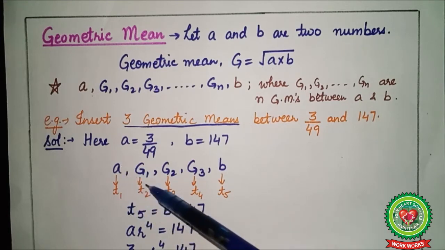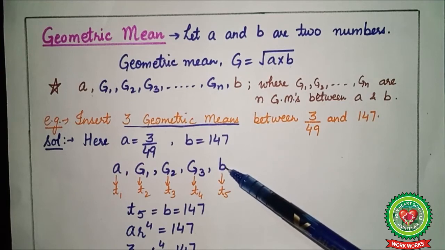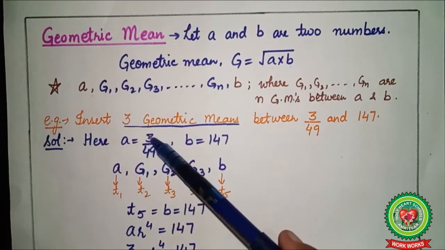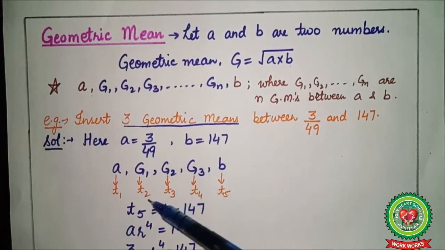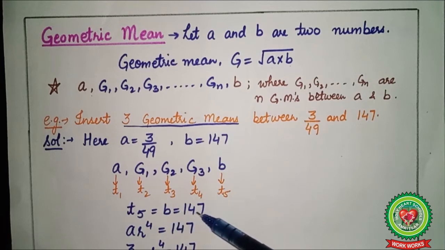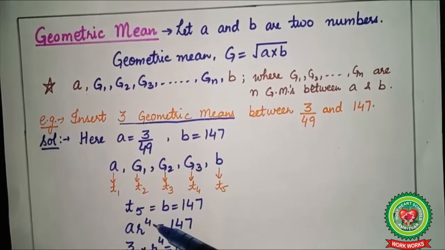The first term is A, and the second, third, fourth and fifth term is B. Now the value of A is given as 3 upon 49 and B is 147. So T5 is equal to B, which is equal to 147. Now apply the general term formula. We get A r raised to power 4 is equal to 147.